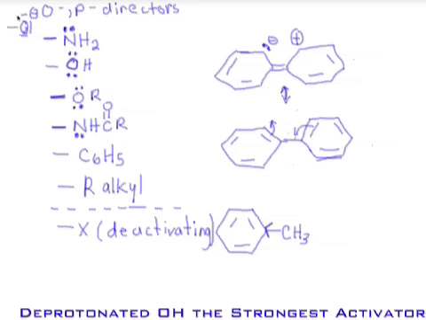If you like, the negative charge helps donate more electron density into the ring than neutral aniline can. And likewise, if you deprotonate the NH2 and make it NH minus, it goes even higher.